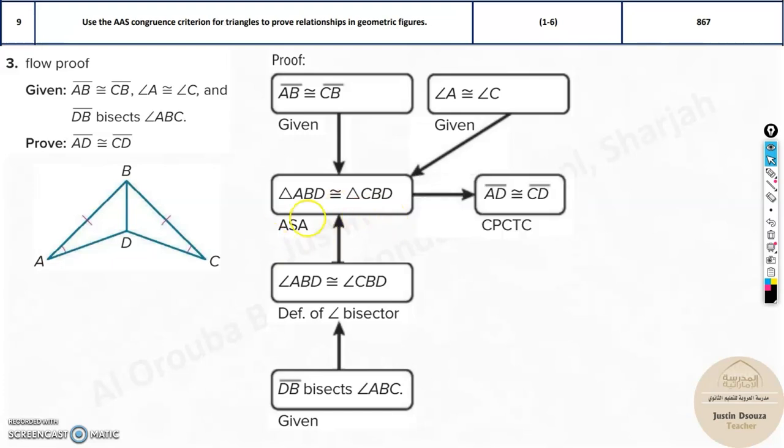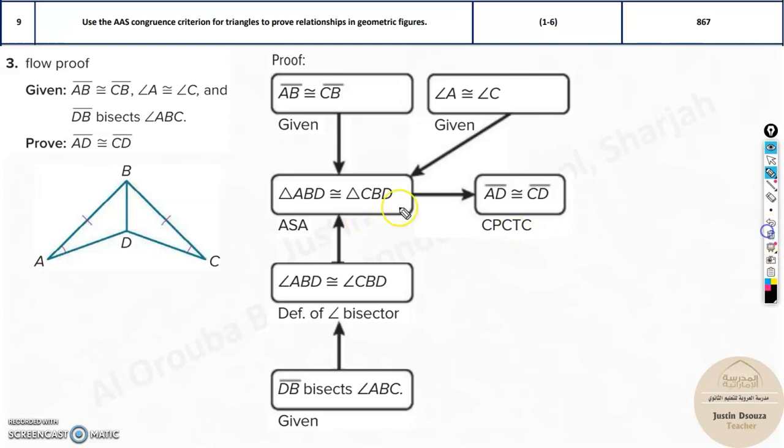Now, one more thing. What they have asked us to prove is AD is congruent to DC. If we prove two triangles are congruent, then all the parts are congruent. This CPCTC, what does that mean? Congruent parts of congruent triangles are congruent. There is so much congruence.